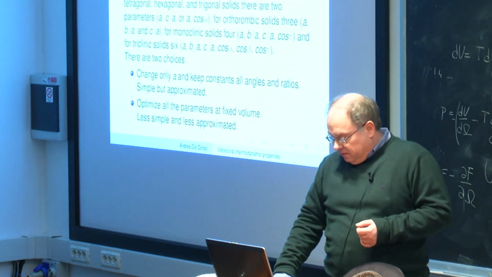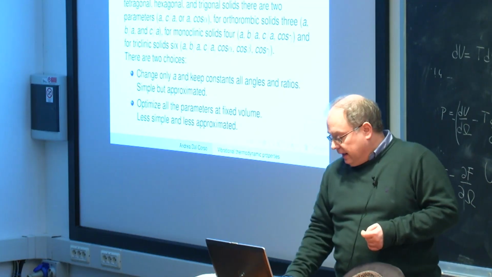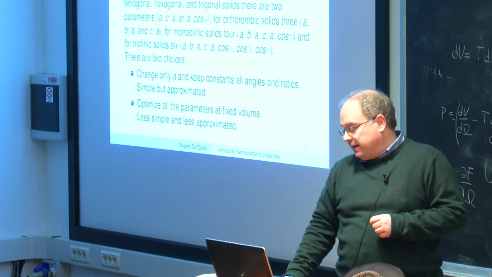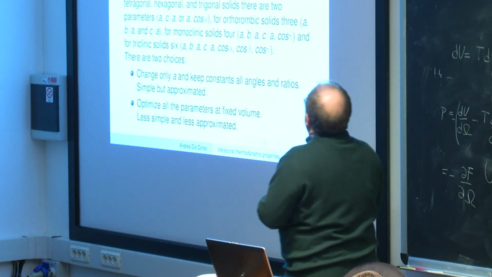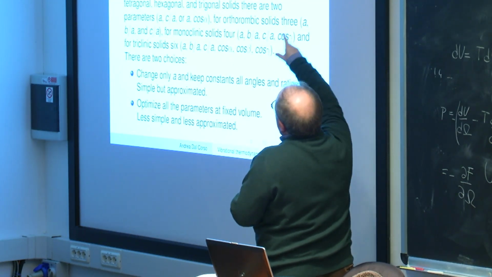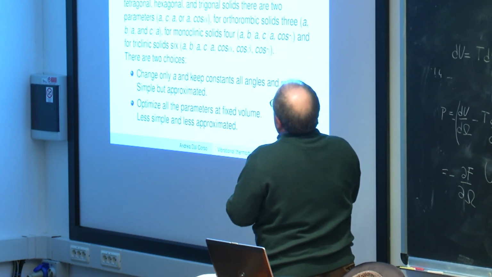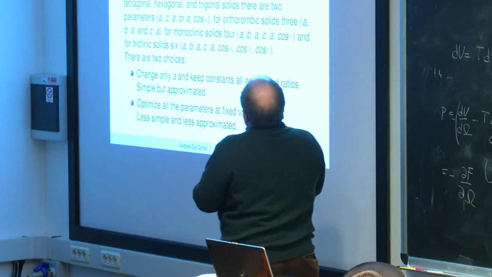I think I will stop here. I will just maybe tell you this, and then all the rest you find in the transparencies if you are interested. So can we use this kind of approach for anisotropic solids? Well, what is the problem?